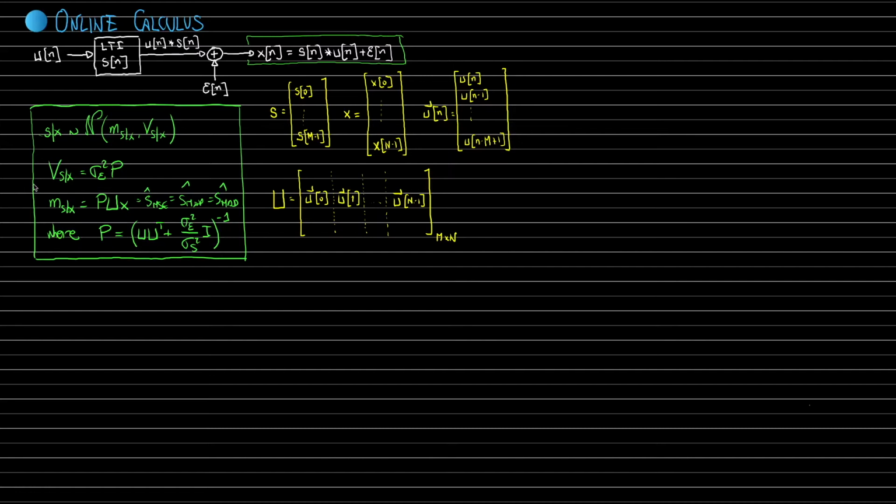We have seen that the posterior distribution of S given X is a Gaussian distribution, and both the mean and the variance depend on some matrix which we have called P, which is given by this expression here. The minimum mean square error estimate will be equal to the MAP and the MAD estimates, and is given by P times U times X.